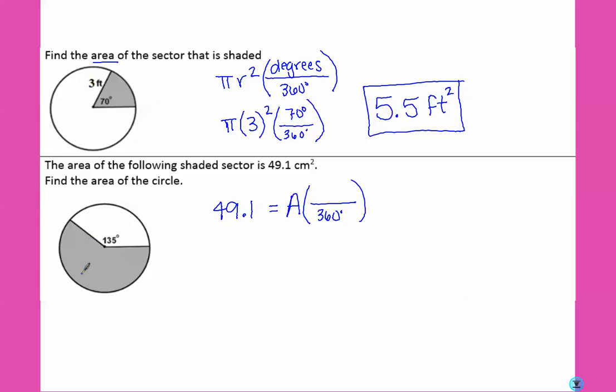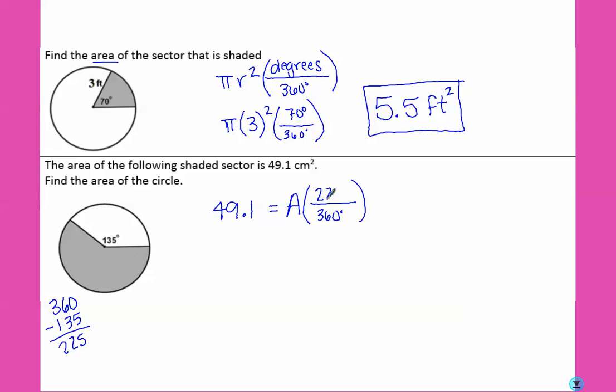Now it gave us the area of the shaded sector, so we need to know the degrees for the shaded sector. Remember, the whole circle is 360 degrees minus the 135 that we were given for the non-shaded area. And that leaves us with 225 degrees.